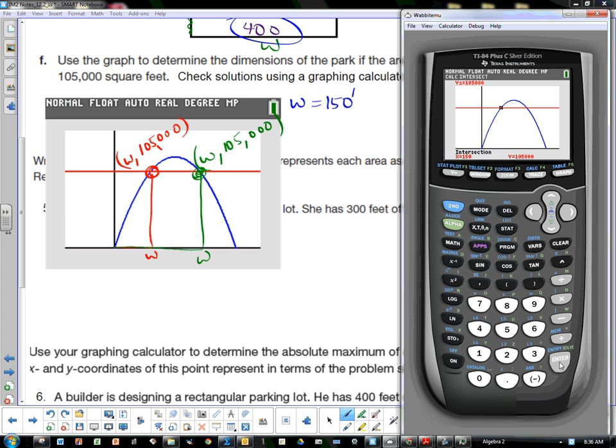But is that the only possibility for this area restriction? Not at all. We've got another one, and the other one is going to be right over here. So let's find out what that one is. Second, calculate. Intersect, number 5. And we just need to head over close to the point we're seeking for this intersect to work.